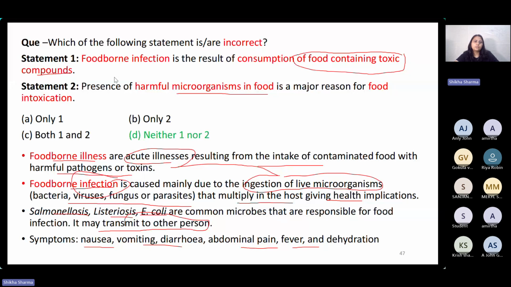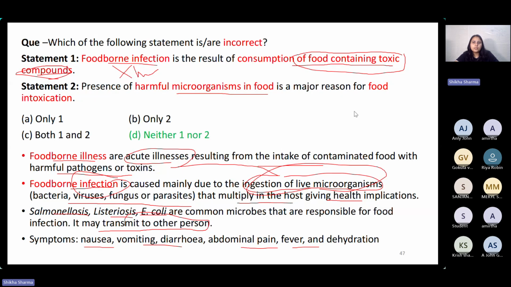Here, food infection is basically the ingestion of live microorganisms. The statement says it can be food containing toxic compounds, but usually we have the microorganisms. So this statement is incorrect, right? Because we should have the live organisms here.